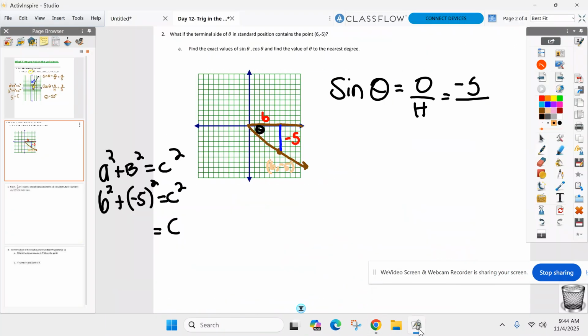Juliana, what do you got? Radical 11? You sure? You did -5 in parentheses. You should get 36 plus 25, 6 squared plus -5 all squared, and then taking the square root of that. I don't know if it's 11.